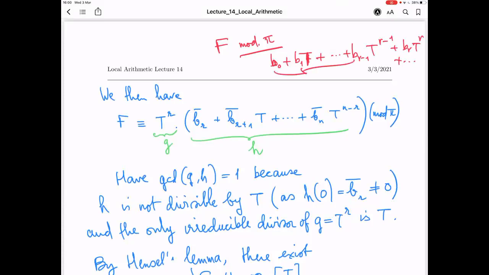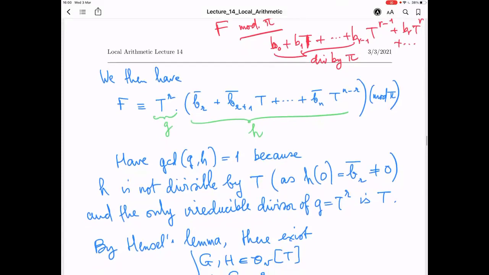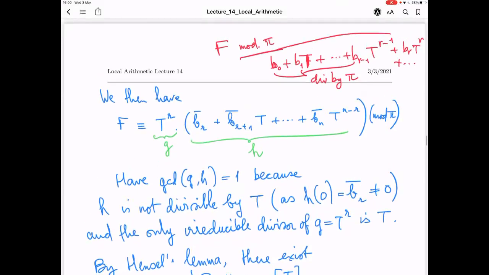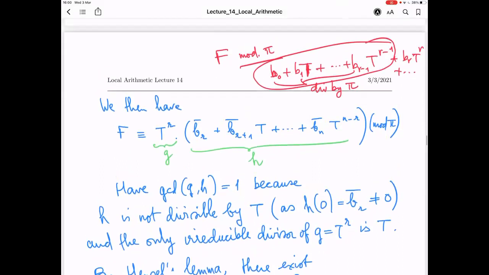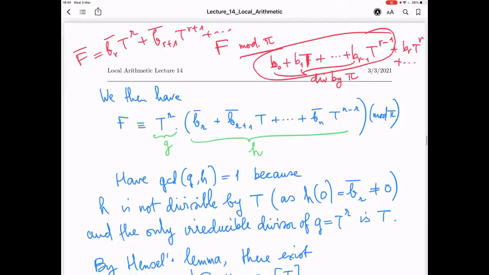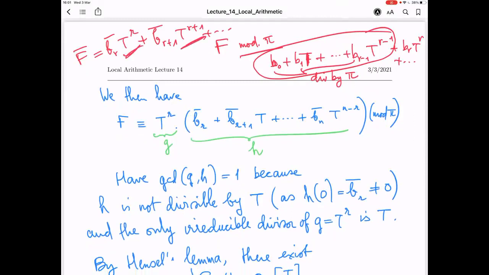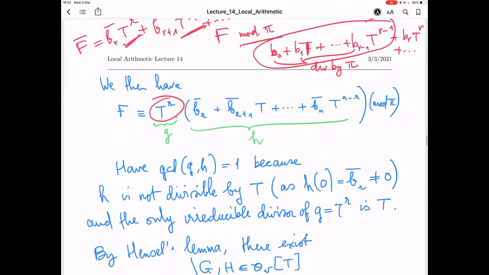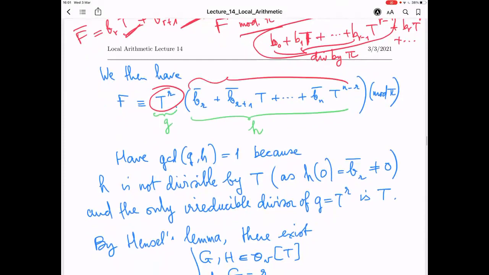All these things are divisible by pi. So when I reduce it modulo pi, all these terms will disappear. My F bar will look like br bar t to the r plus b(r+1) bar t to the r plus 1 and so on. So of course I can take t to the r outside, and that's what I've done. T to the r outside, and inside I'll get this expression br bar plus b(r+1) bar t and so on.